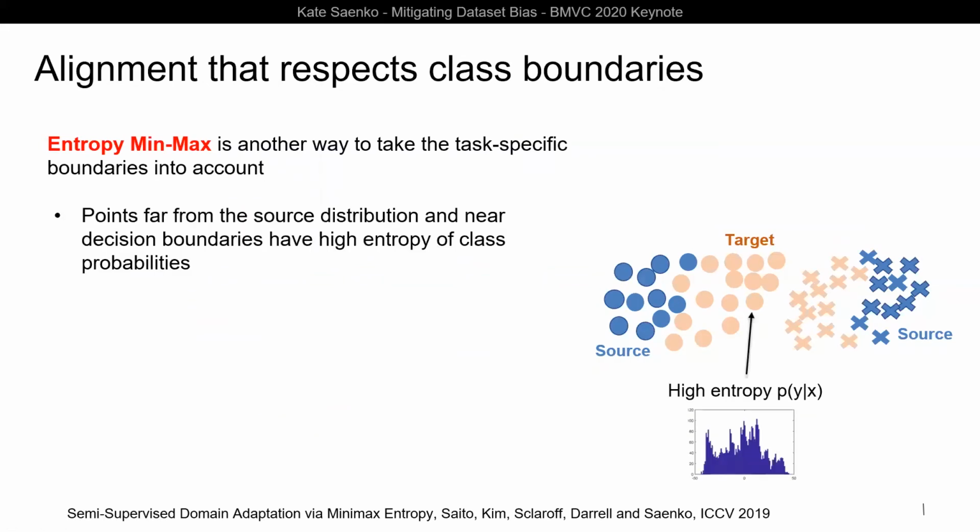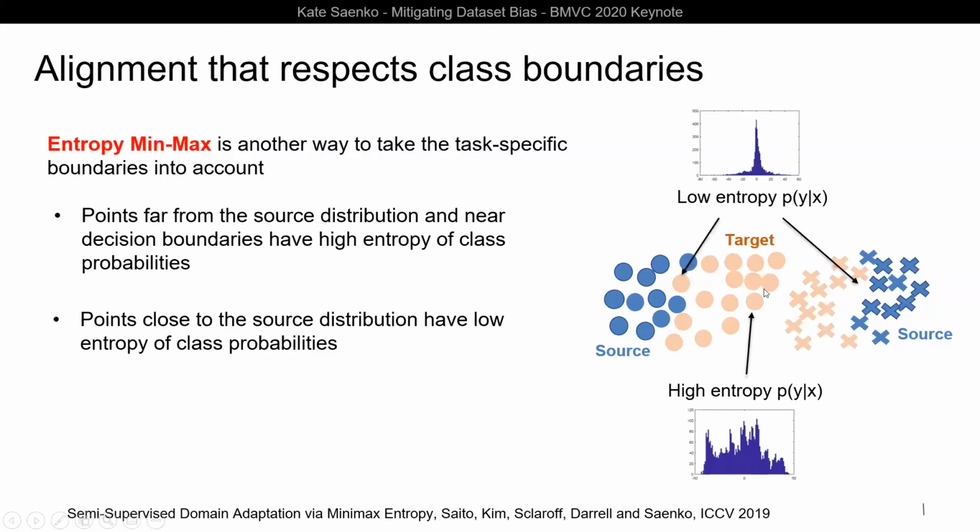And we'll notice that target points that lie far from the source distribution, so far from these blue points, will be near the decision boundaries and will have a high entropy of class probabilities. So the entropy of P of y given x for these points will be higher, whereas target points that lie closer to the source distribution will have lower entropy of class probabilities.